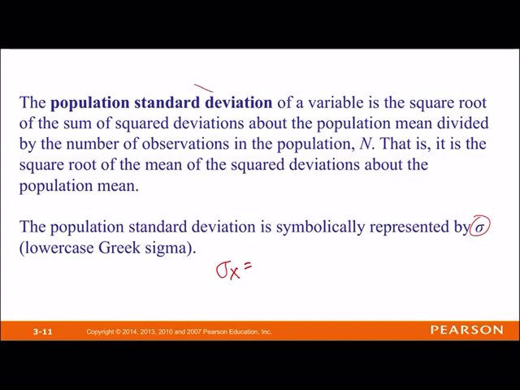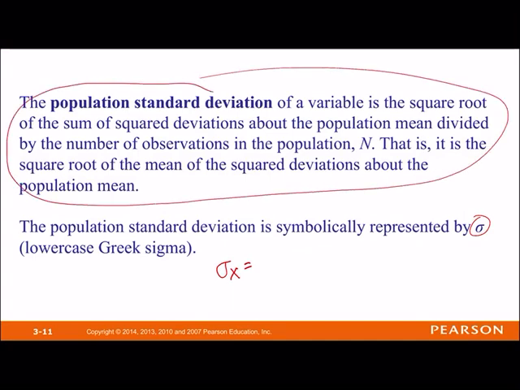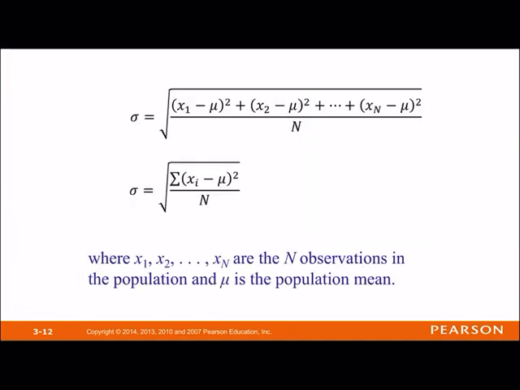Now, all this mess in words, you're going to see on the next slide as an actual formula. The formula: sigma equals the square root of x1 minus mu, remember mu is the mean, squared, plus x2 minus mu, again mu is the mean, squared, and so on and so forth, divided by n, and then the square root. This is the real formula that we're going to use.